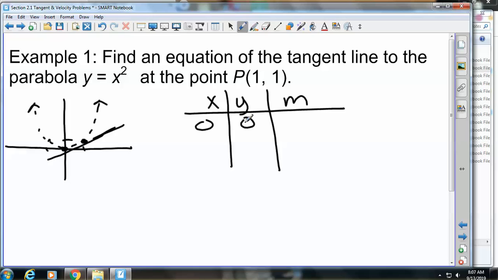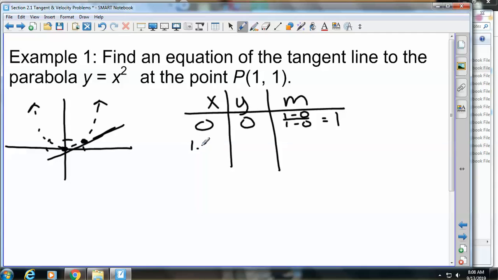So if you estimate the slope, y2 minus y1 over x2 minus x1, we get a slope of 1. But we know that's not the true slope. If I wanted to get a better idea, what would I do to my x values? They would need to get closer to 1, wouldn't they?